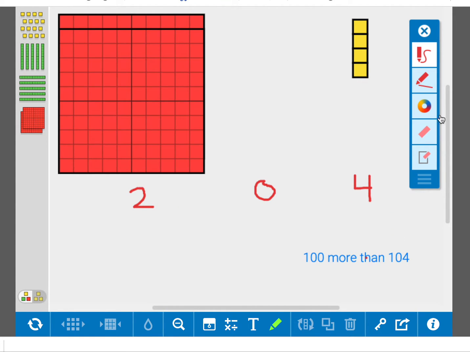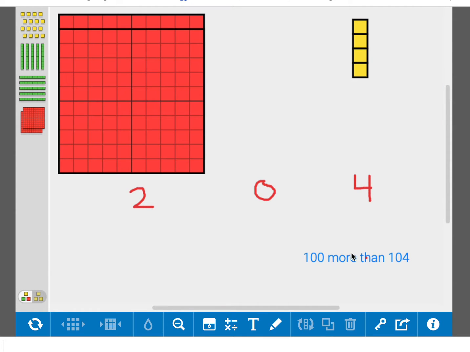Now the tricky part comes in when we want to do 10 less and there's a 0 in the tens place. So if they wanted to show 10 less than 204, when they're using their blocks or drawing their picture, we can see we can't take anything from the tens place.